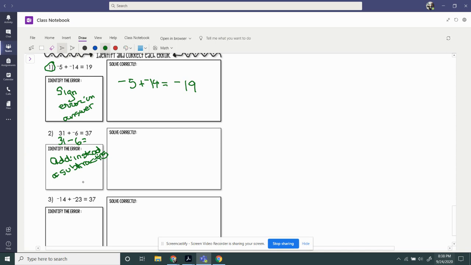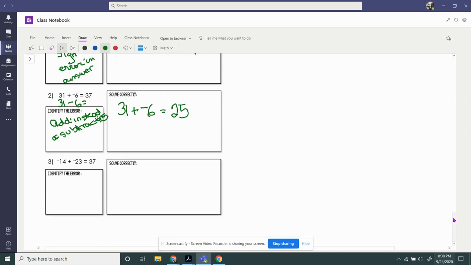So when we do it correctly, it would be 31 plus a negative 6. So that would be 31 minus 6, which would be a positive 25 because we keep the sign of the 31, which is an invisible plus sign.